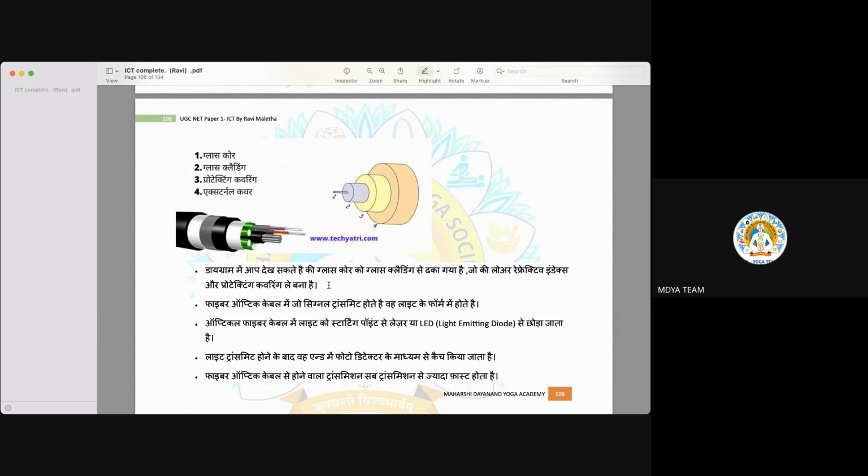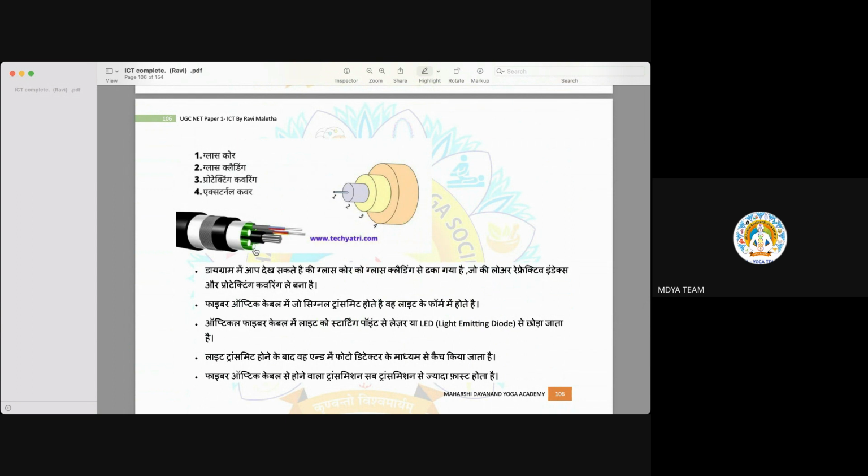So this type of glass core is made of glass and they are insulated. Each one is insulated and then they are covered. There are thousands of single glass wires. They are insulated and then they form a single cable.